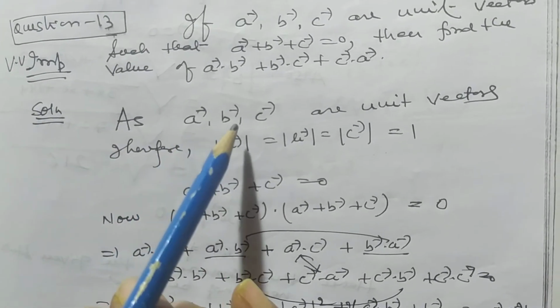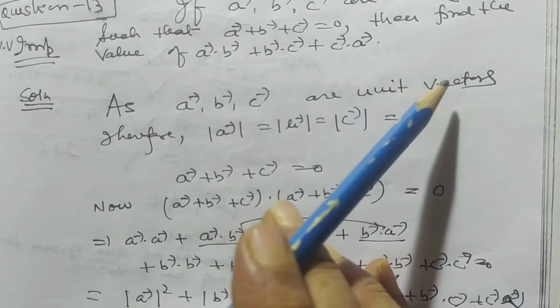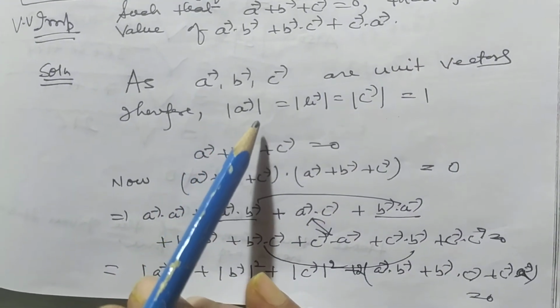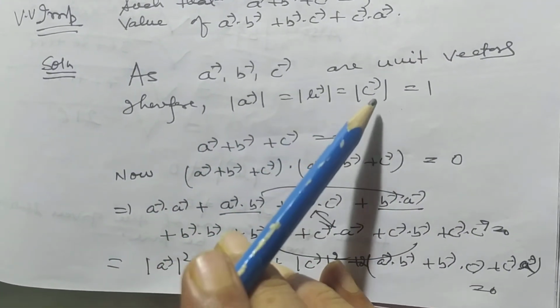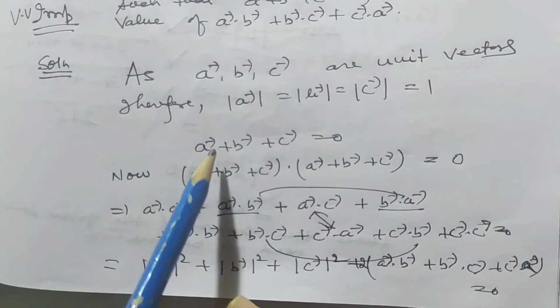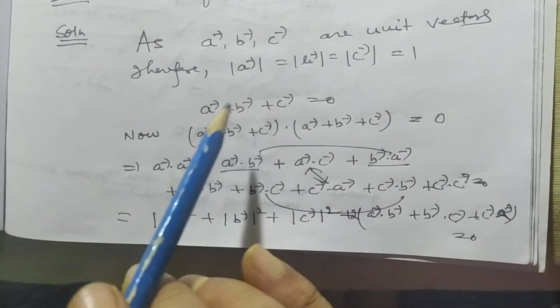As vector A, vector B, vector C are unit vectors, therefore magnitude of A is equal to magnitude of B is equal to magnitude of C is equal to 1. Vector A plus vector B plus vector C is equal to 0.